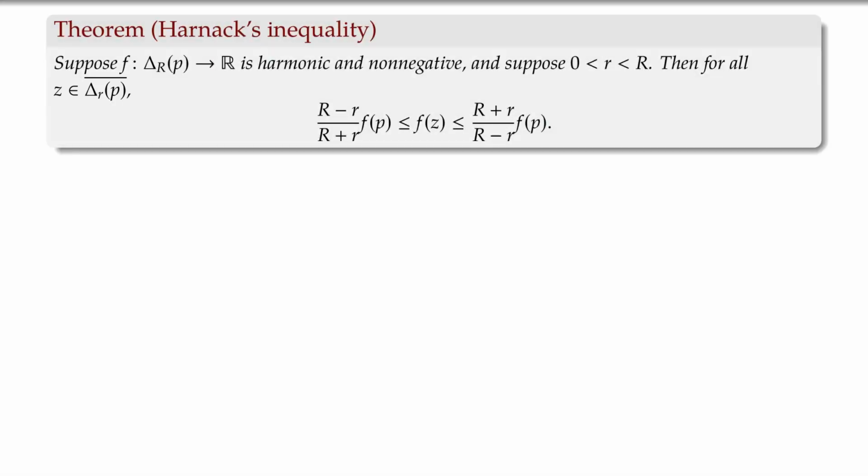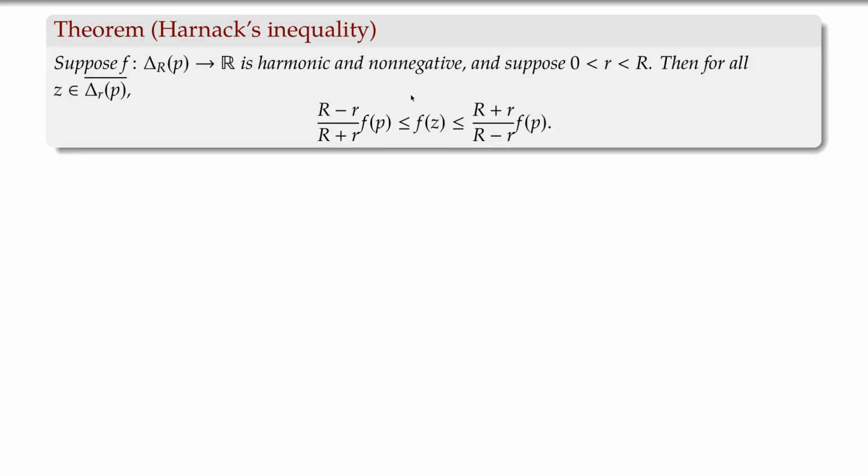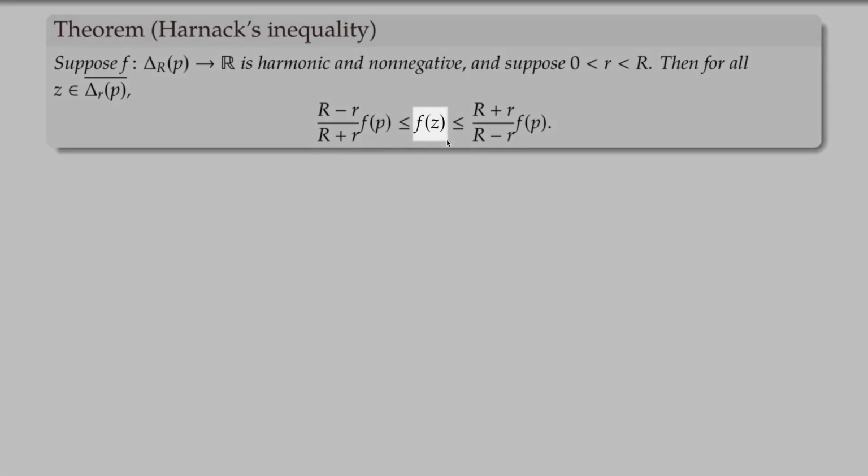Then what Harnack's inequality says is that we have some control over how f behaves. We have a bound from above and below in terms of its value at p. You could normalize that to be 1 if you wanted to. We have control from both above and below for the value f of z on this smaller disk.